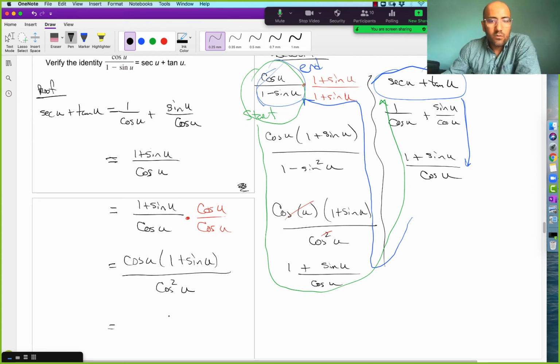This is equal to cosine of u, 1 plus sine u, all over 1 minus sine squared u. So now I'm at this stage. And now, in order to get to this stage, I need to factor this denominator into these two.